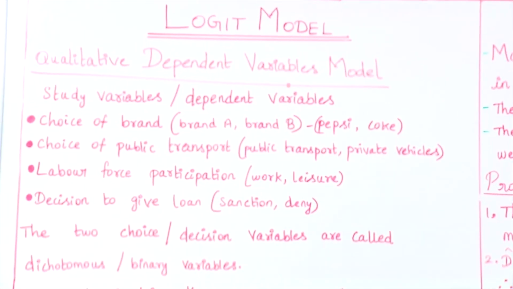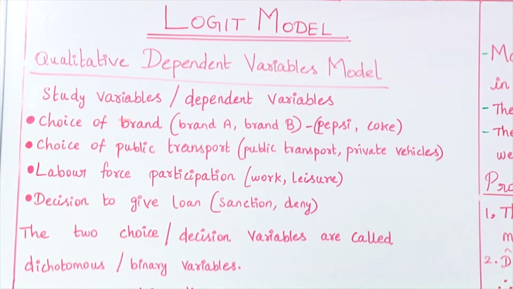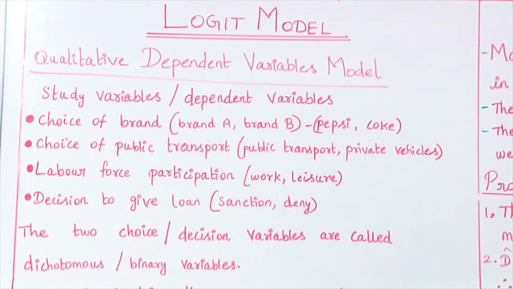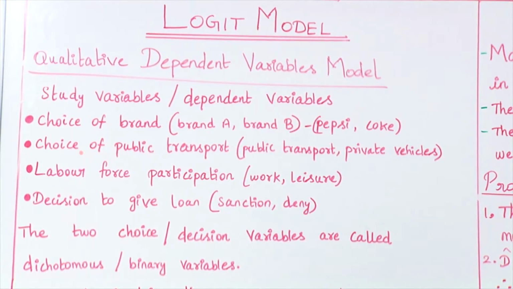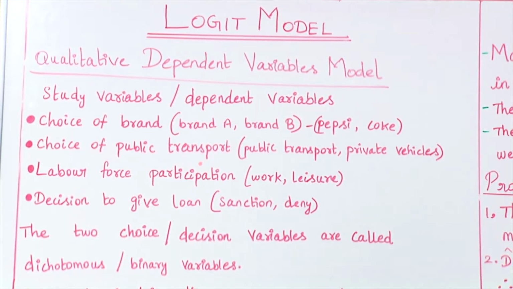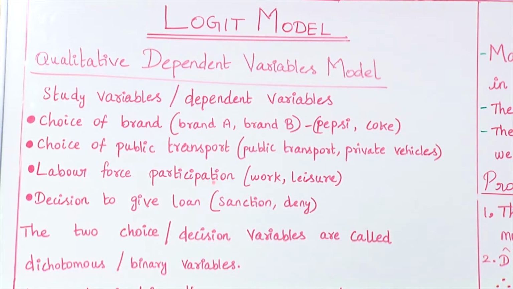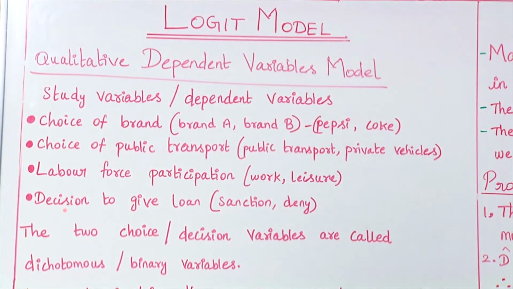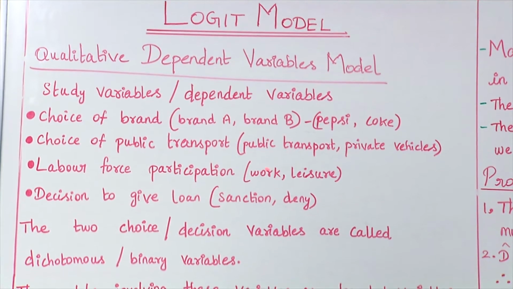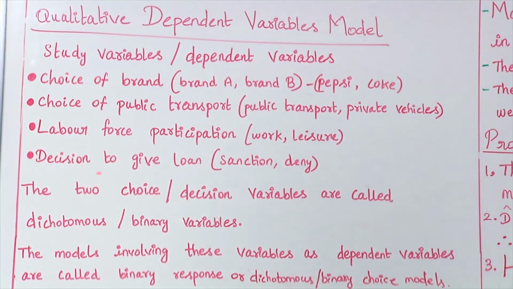The qualitative dependent variable models handle study variables of the following kind: choice of brand, choosing brand A or brand B, like Pepsi or Coca-Cola; choice of public transport versus private vehicles; labor force participation that involves work or leisure; decision to give loans, either to sanction or to deny loans. All these dependent variables are qualitative in nature.